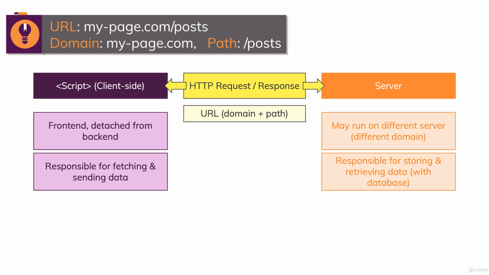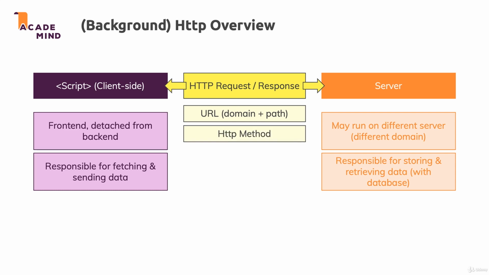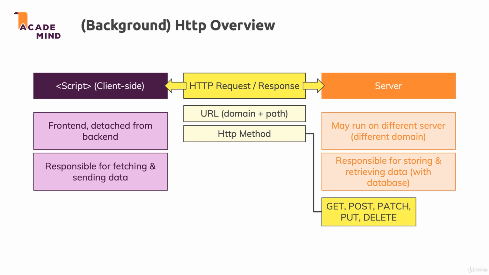In addition, each HTTP request has a HTTP method that is assigned to it. Now you have a couple of available HTTP methods. You have, for example, get, post, patch, put, and delete. These methods describe what you want to do, though I will say it's totally up to the server to decide for which method URL combination the server wants to do what.